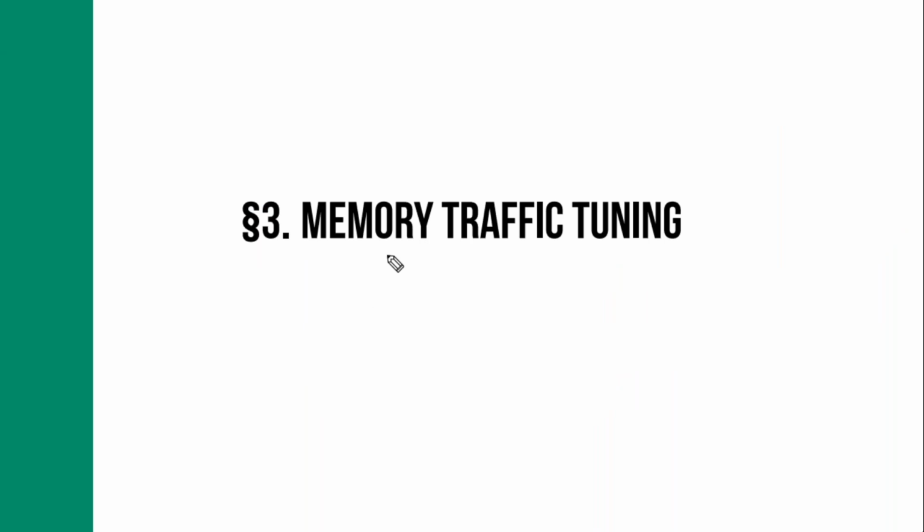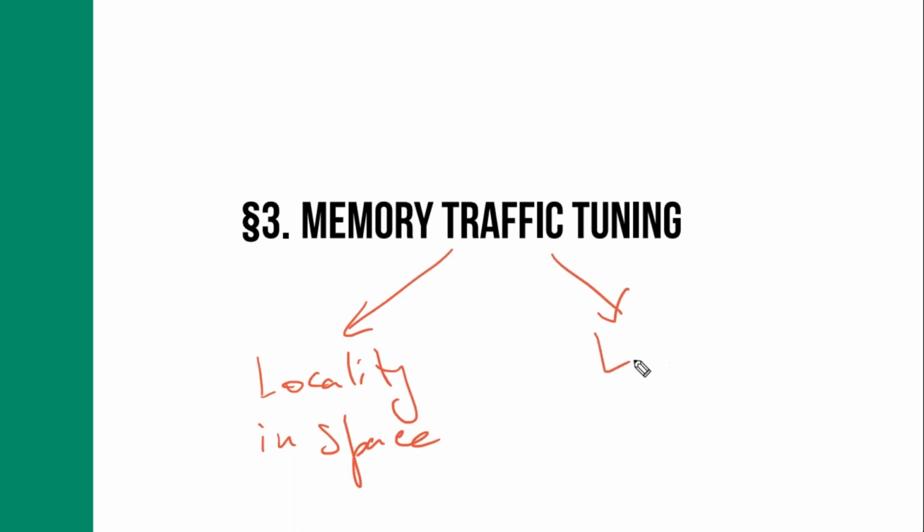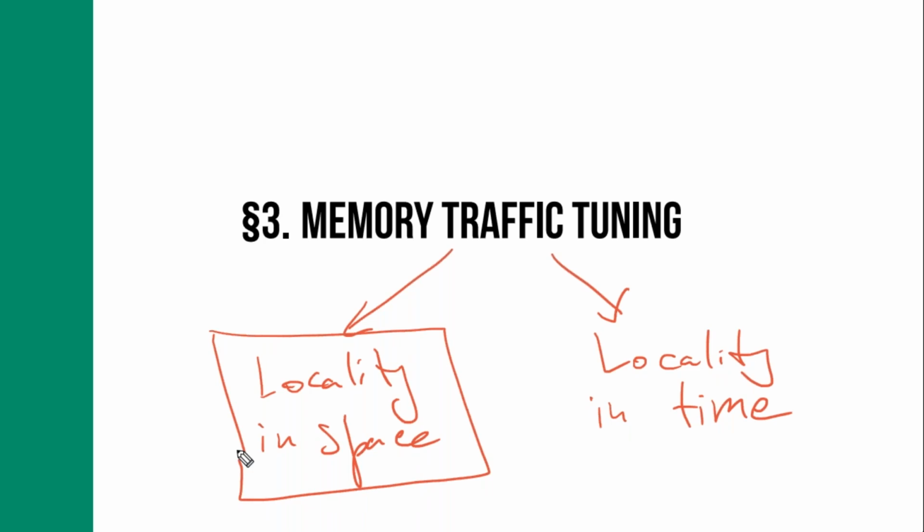When you talk about tuning the memory traffic, there are 2 aspects to it. Data locality in space and locality in time. We already covered data locality in space. Techniques related to this topic really overlap with the optimization of vectorization and multi-threading.